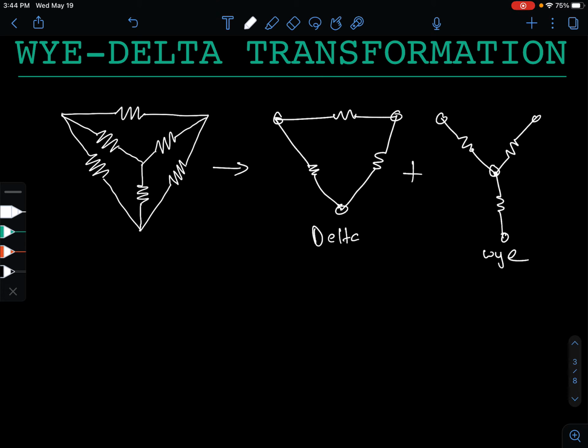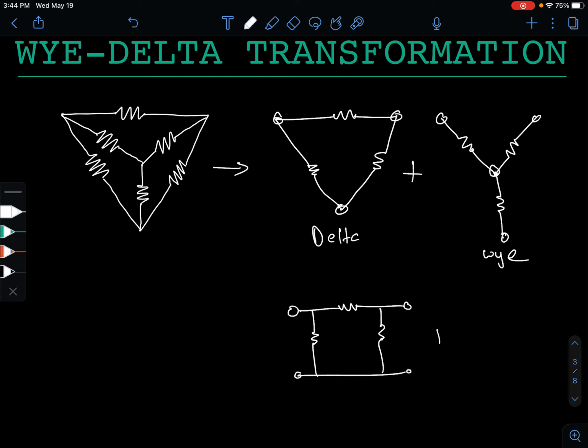You can also note that you can redraw these schematics into equivalent representations known as pi and t, and that also gives you the equivalent transformation, which is the pi-t transformation. And you can see that by redrawing this circuit in this fashion.